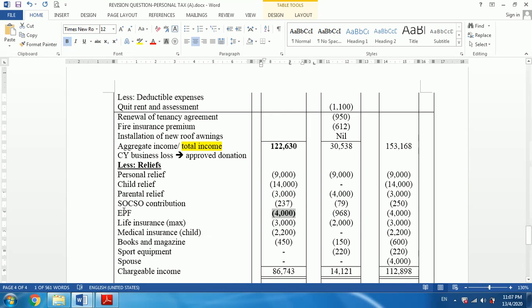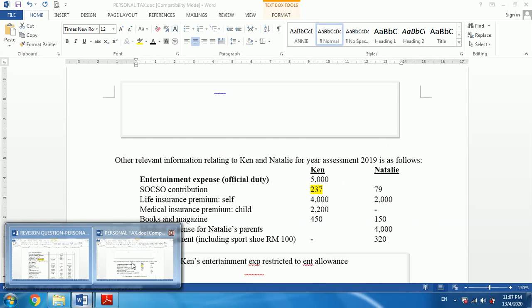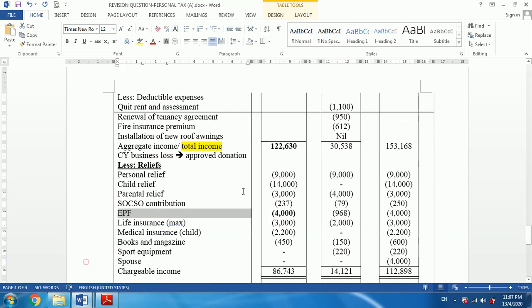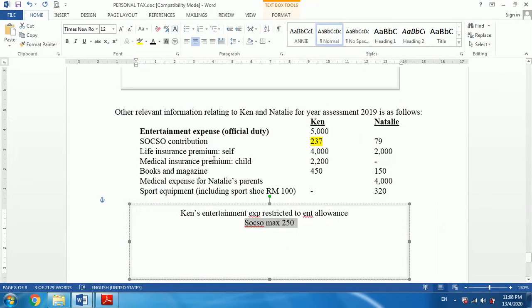Most people will actually ignore the EPF part. So they'll go back to the question, what else are we missing? So SOCSO. The SOCSO maximum amount is 250. He only claimed 237. So take all. You'll see in my answers here it will be minus 237 for SOCSO. And next on the list, which is life insurance for himself.